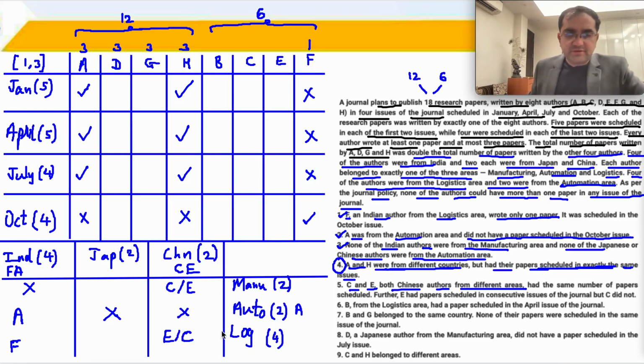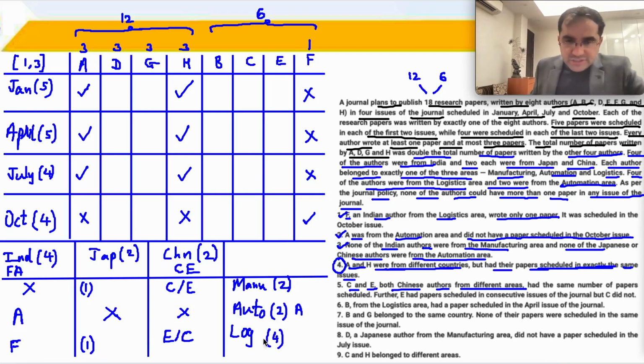One person here, one person here. So manufacturing has 2 people, and China has 1 person here, 1 person here. Sum of this row is 2. Japan has 2 people, 1 person here, 1 person here.